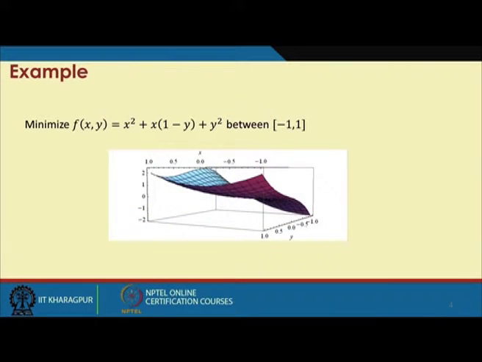Here x is changing from −1 to 1, and y is changing from −1 to 1. I can start from (−1, −1), taking both x and y, I can start from (1, 1), I can start from (0, 0). From anywhere I can start.